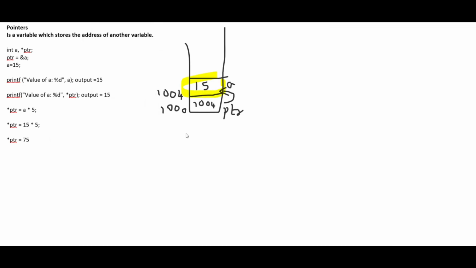So I just refer to 15 and multiply it with 5. The answer would be 75. Since I refer to it as a, I obtained 15 and multiplied with 5, I got 75. Now when you say 75, this 75 is stored in star ptr.